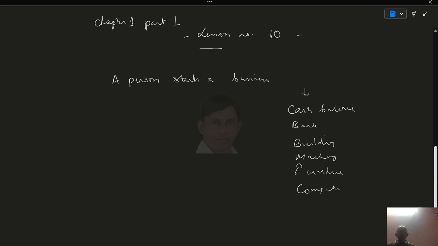Let's assume he has a cash balance of $10,000. Bank balance is another $5,000. Building is another $30,000. Machinery is another $10,000.